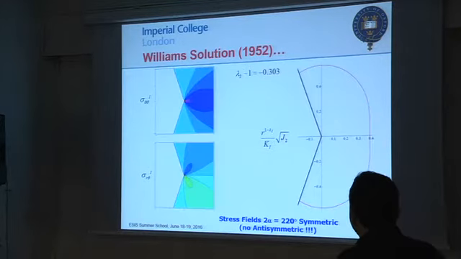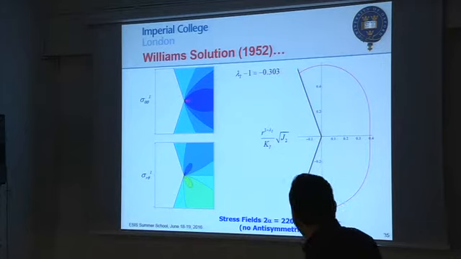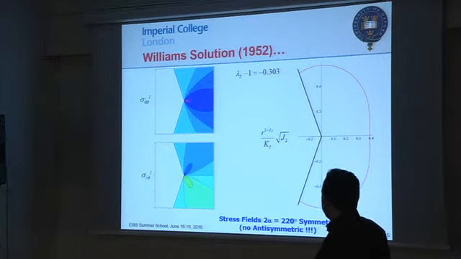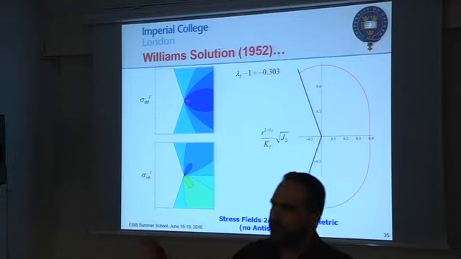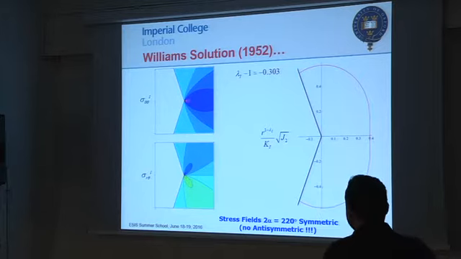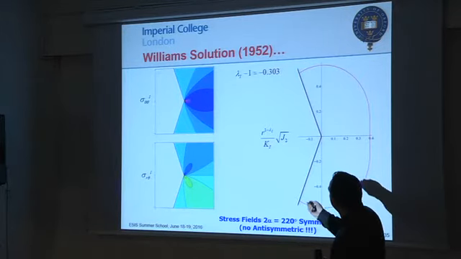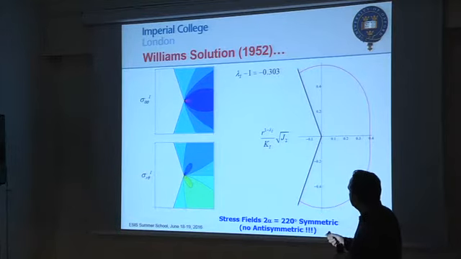Let's say we now take a notch, and this notch is very big, 220 degrees, so we are beyond the point where mode 2 has become bounded. Obviously, the symmetric solution will have a singularity lambda 1 minus 1 equal to minus 0.303.